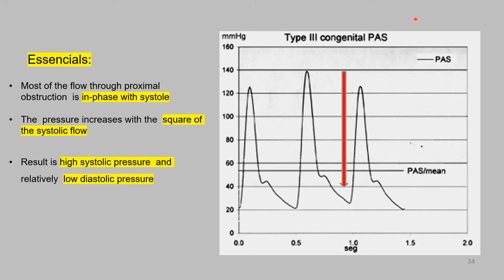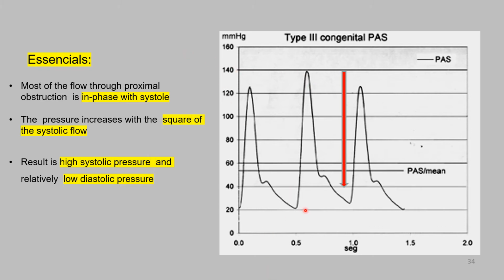But I'm going to offer you a different mechanism. In order to understand that, the essential point is that the flow through the stenoses of the proximal obstruction is still in phase with the ejection of the right ventricle.